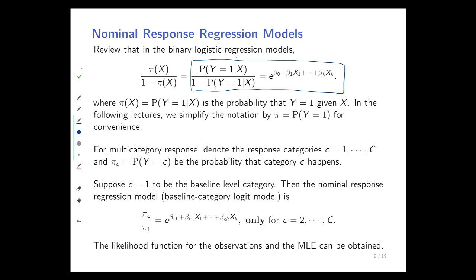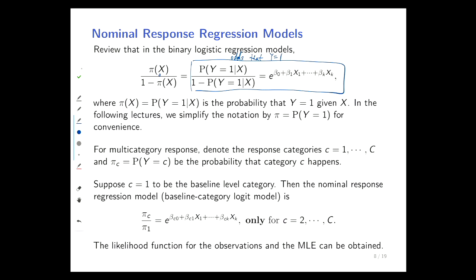That's the odds that y equals 1. In other words, you can use pi(x) as the probability that y equals 1, and in this case we are going to have this equation. You can consider it as another, equivalent form of the logistic regression model.